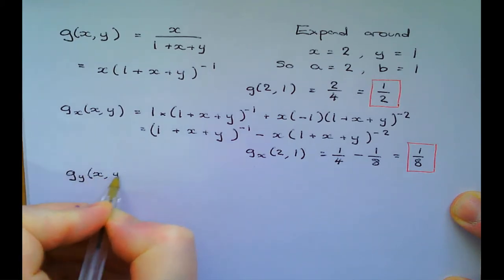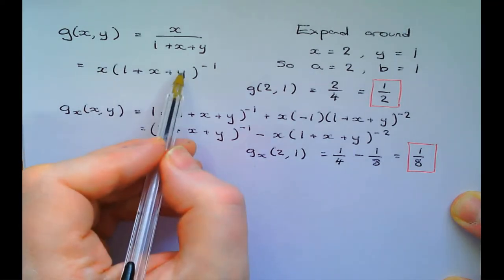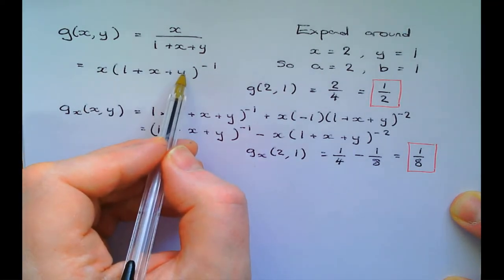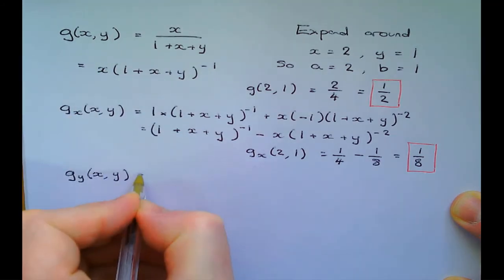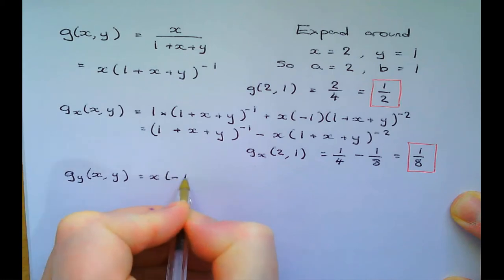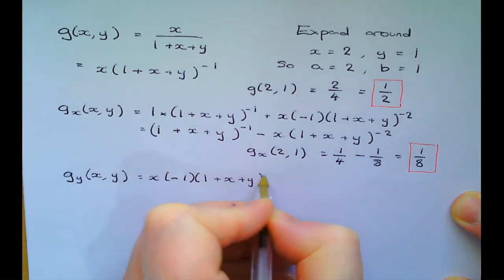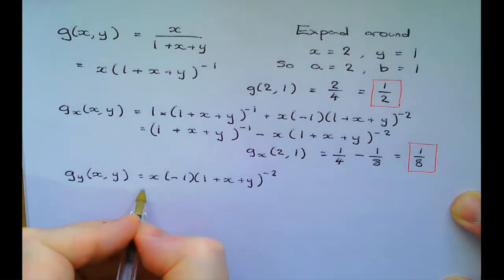The derivative g_y, that is the derivative with respect to y, well, y only occurs in this part here. So we'll have x times minus 1 times 1 plus x plus y to the power minus 2.